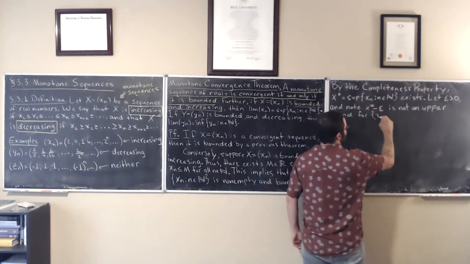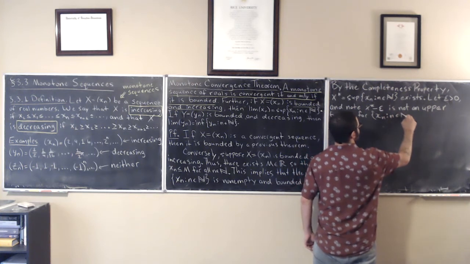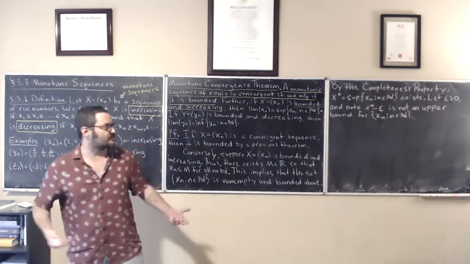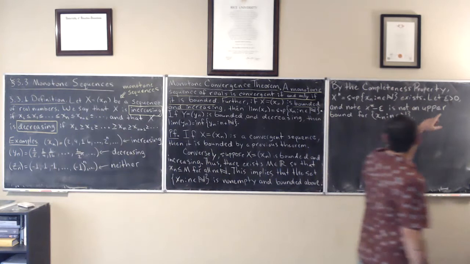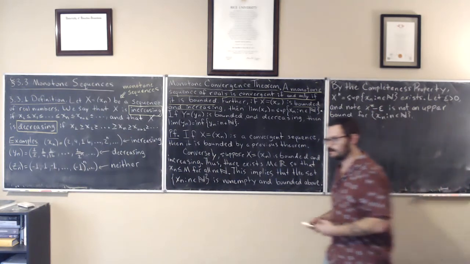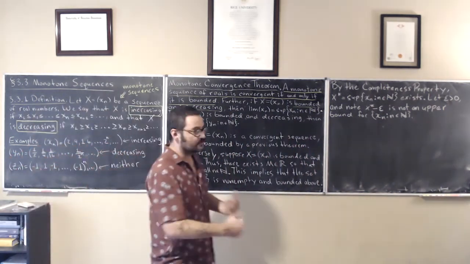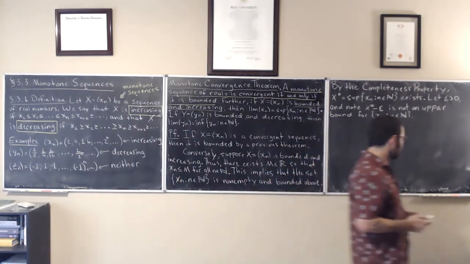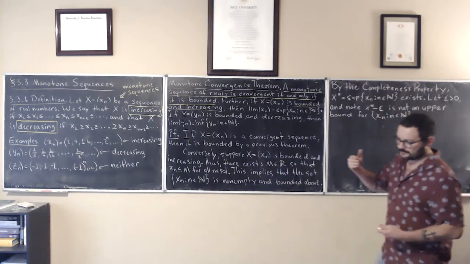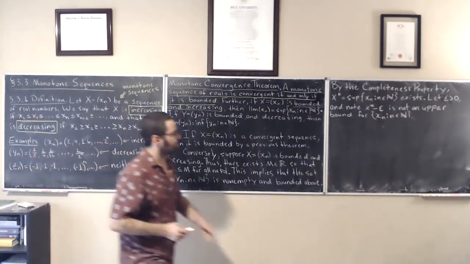So probably going to run out of room here, but hopefully we can squeeze it in. But hopefully you also agree that since that's a positive number, if I subtract off a positive number from the supremum of that set, then it's no longer an upper bound. Now also, we're assuming that that sequence is increasing, right? So if that's not an upper bound and the sequence is increasing, then we're going to have a big portion of that sequence that passes up that number.